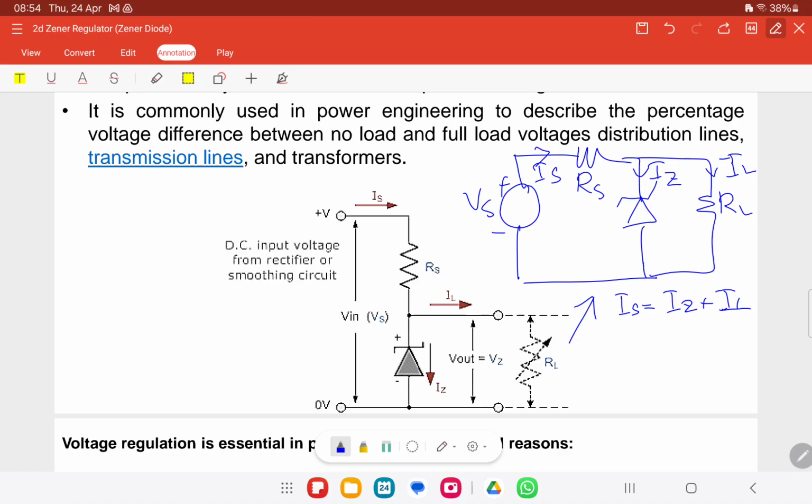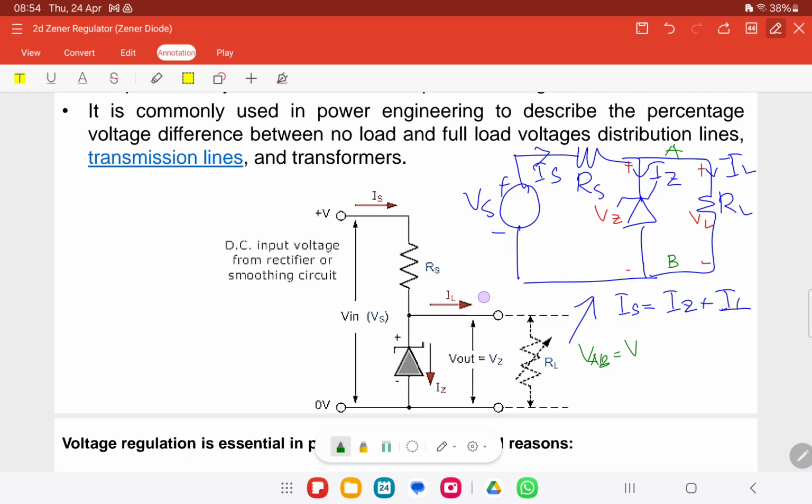Okay, if we have the VZ from here to here, we have the VL here. So what is the value of VZ and VL? If I say this is point A, below is point B. So VAB equals to... Is VAB equals to VS?